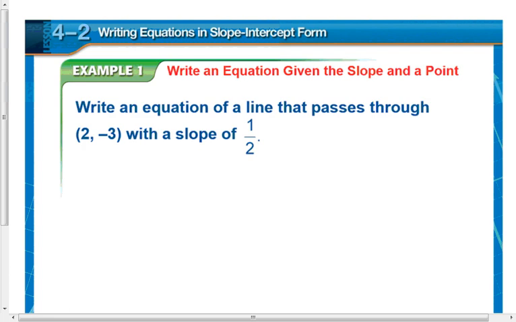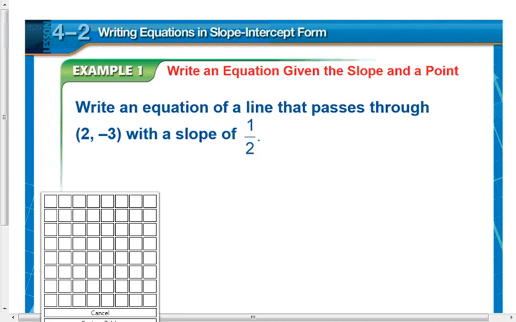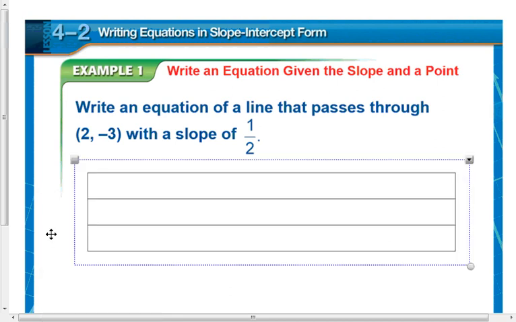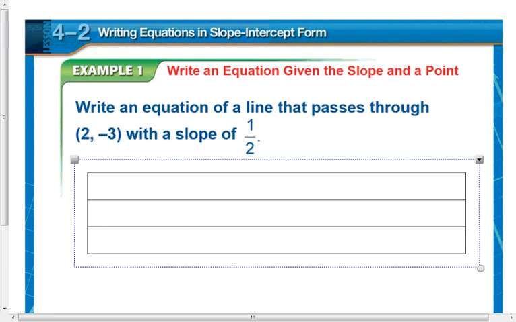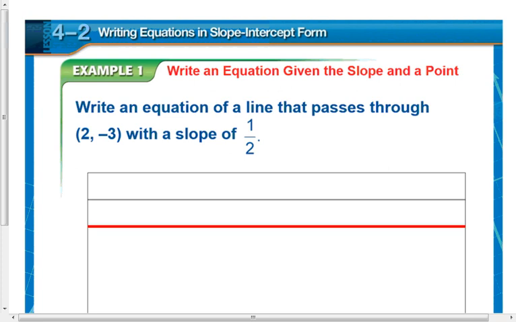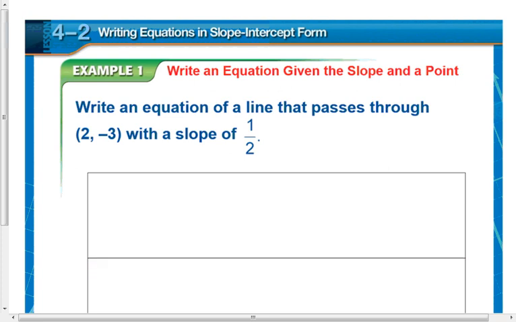Okay, example number 1. We want to write an equation of a line that passes through this point with a slope of 1/2. You have 3 blocks. All right, first one.